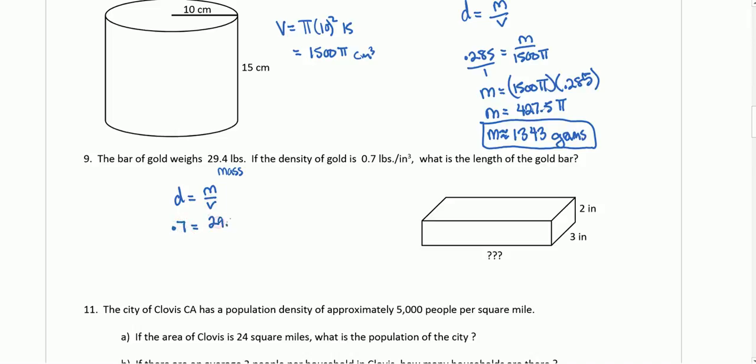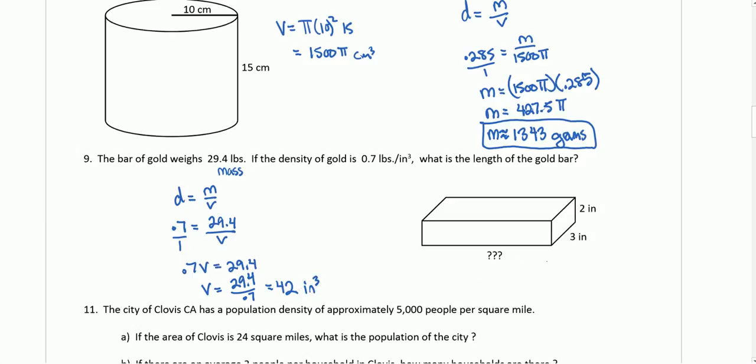Mass is 29.4, and we need to find our volume first. I'm going to cross multiply here, and I get 0.7 times the volume is 29.4. I'm going to divide by 0.7 and get 29.4 divided by 0.7. Use my calculator. To get 42. We're looking at cubic inches.